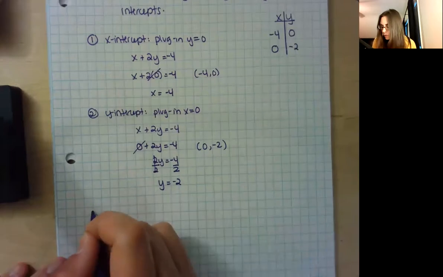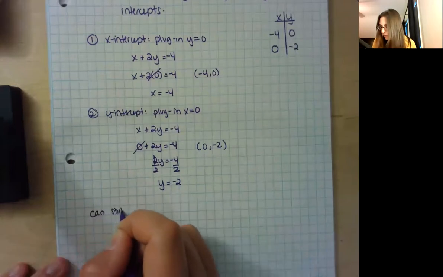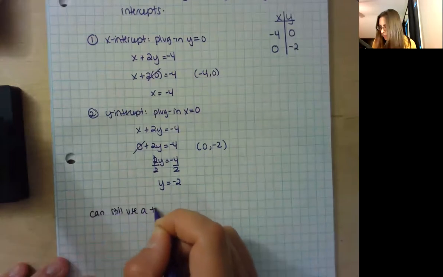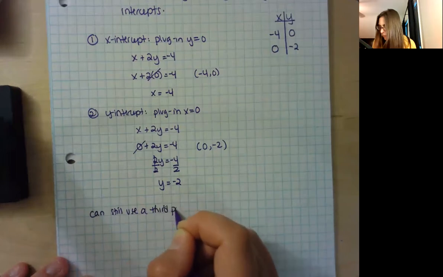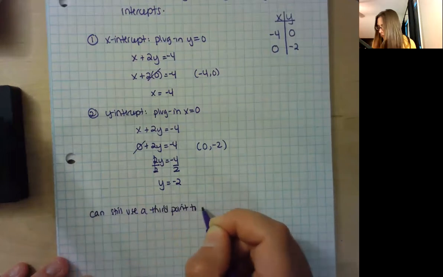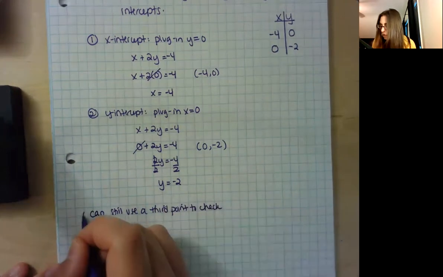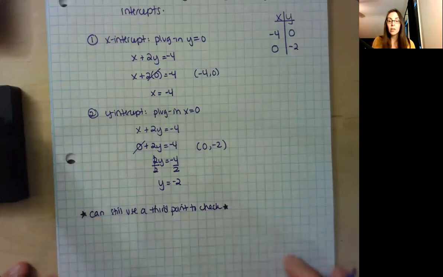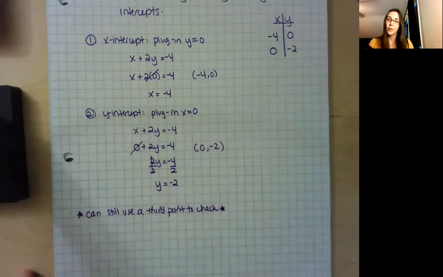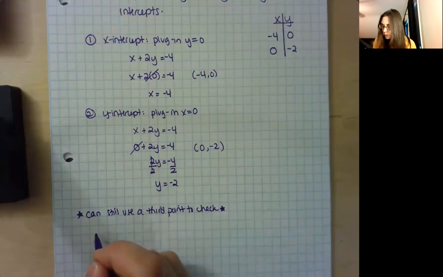You can still do a third point to check. Now, if you're graphing using intercepts, then you don't want to graph the third point because it's not an intercept, but you're going to use it to visually check that your other points make sense. So maybe here I'm going to pick something easy.